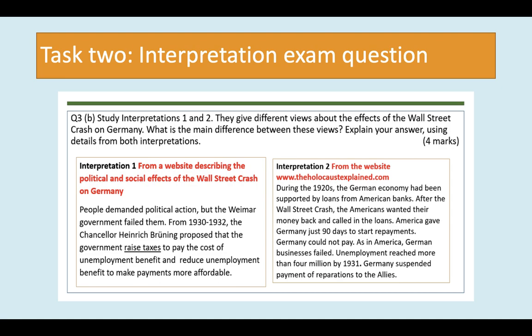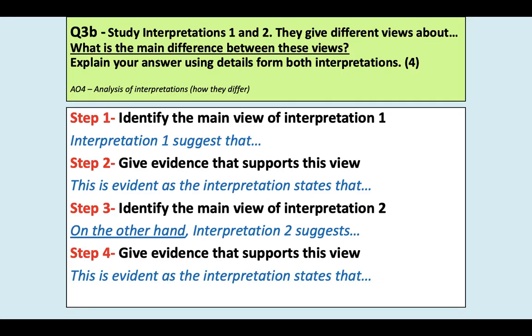So remember, we're looking at what the 2 different views are and how they differ. There are 2 main different views as to what had really happened afterwards as a consequence. So what are they? Remember to follow this structure when you do that. The first thing is you identify the main view of interpretation 1. You then do step 2, which says give evidence that supports this view.